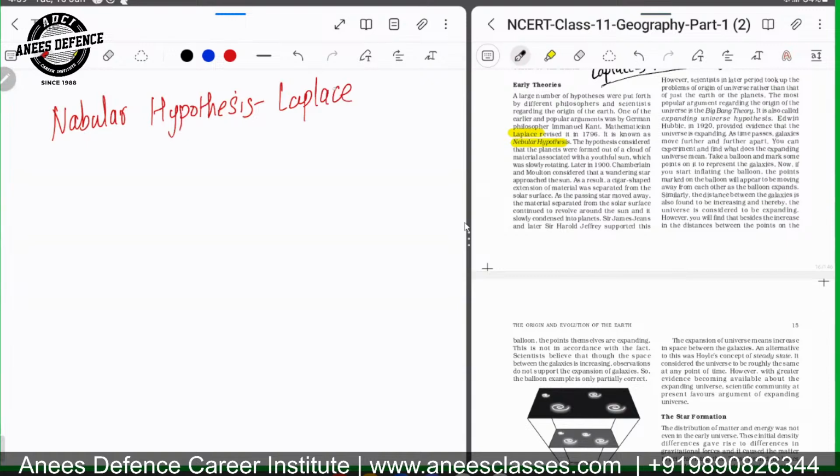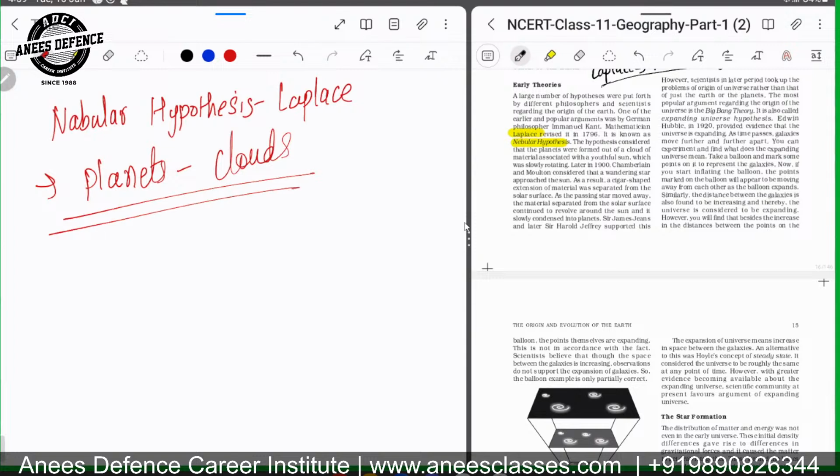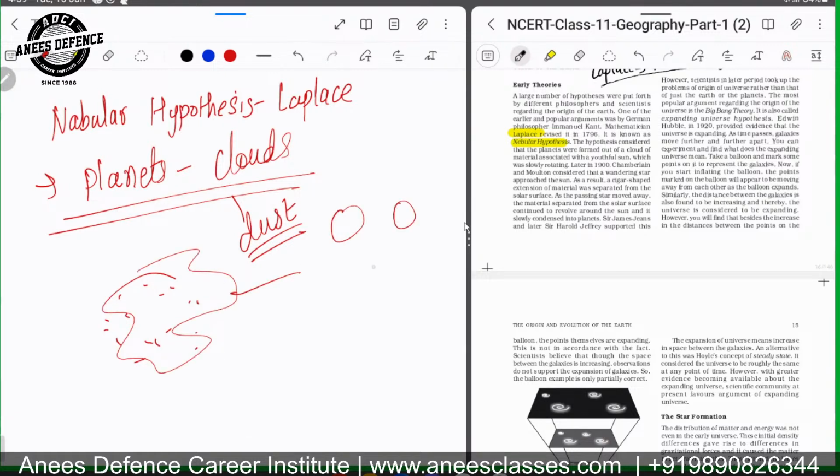It was said that the planets were formed out of clouds. Earlier there were clouds of dust, and the clouds transformed themselves to form different planets around the sun.